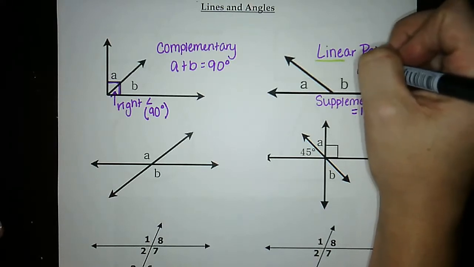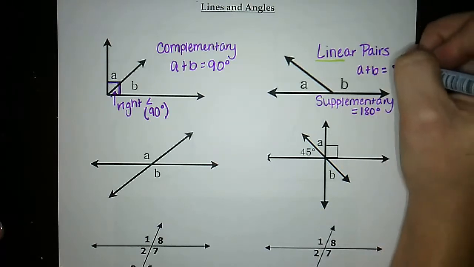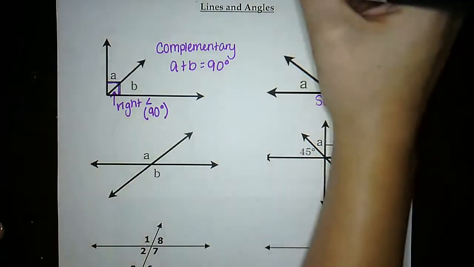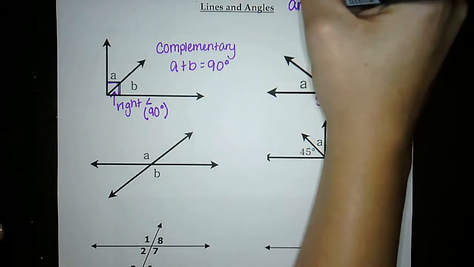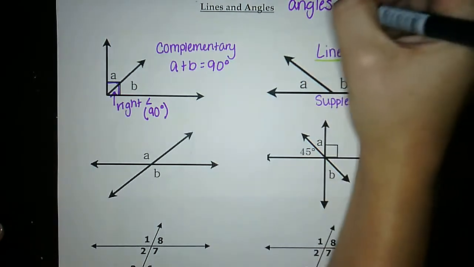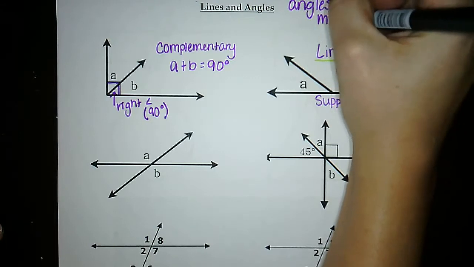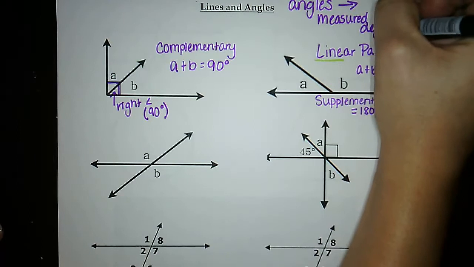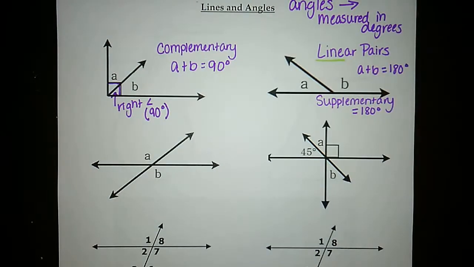So A plus B equals 180 degrees. Remember, angles are measured in degrees. So make sure every time you're looking for an angle, you make sure it's got the degree symbol.